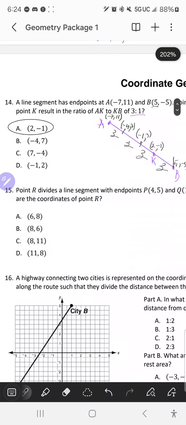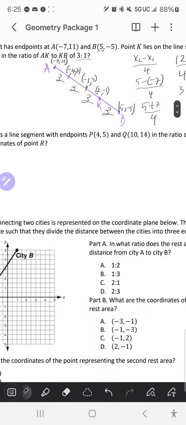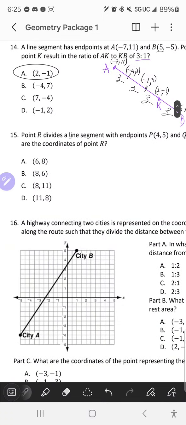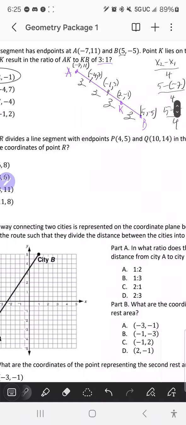Okay, this question 15 is basically the same as question 13 and 14, but I'll do it anyway because these are one of the trickiest questions of the exam that many times confuse students. So let's do it again. We have point R divides a line segment with endpoints P 4,5 and Q 10,14.